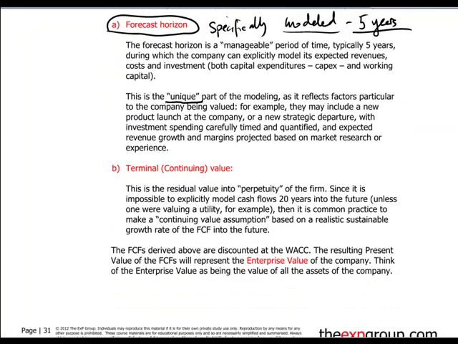Now, when we get up to 5 years, to remain unique is more difficult, because it's difficult to model specific cash flows with costs and revenues in any detail after, say, 5 years. And certainly 10 years or 15 years, it would be completely impossible to do. The only thing we can really do is make a simplifying continuing value assumption.